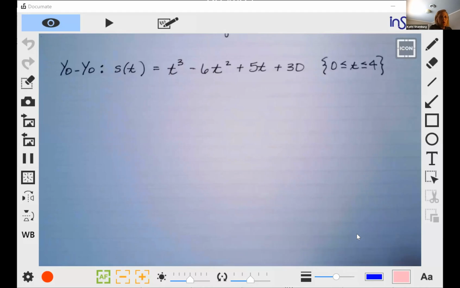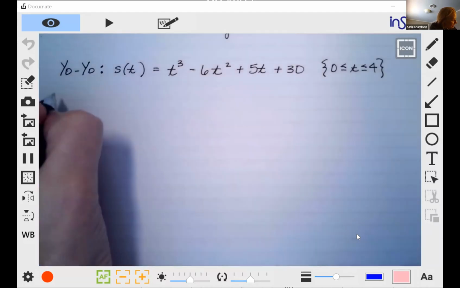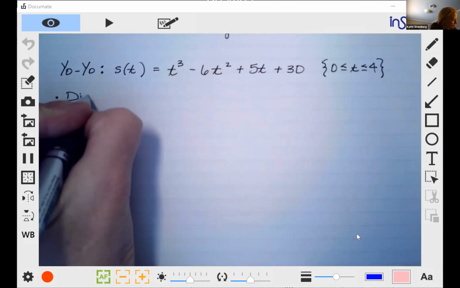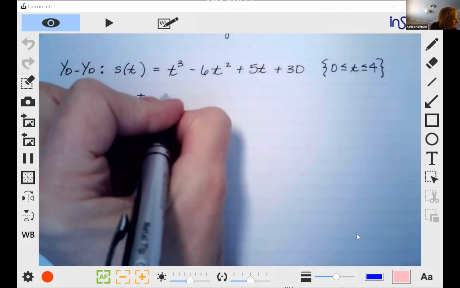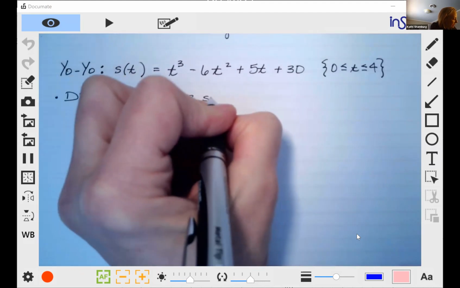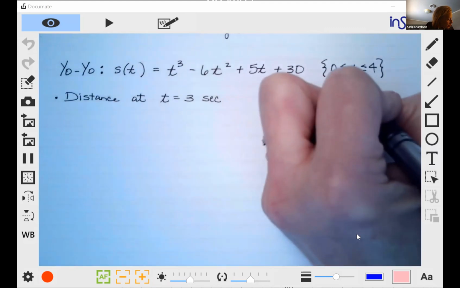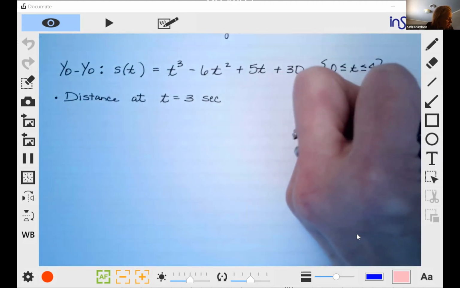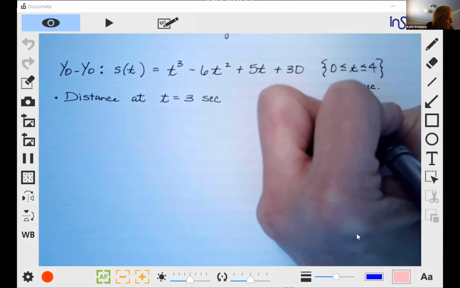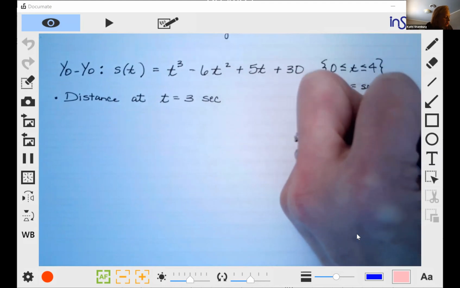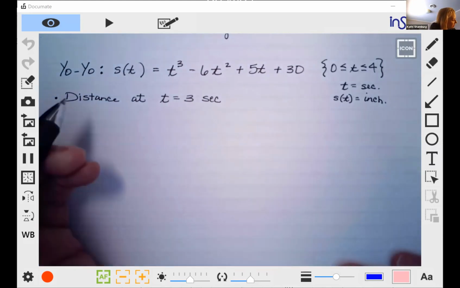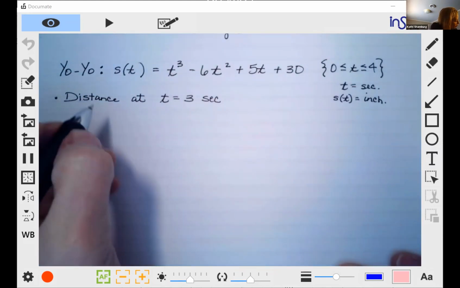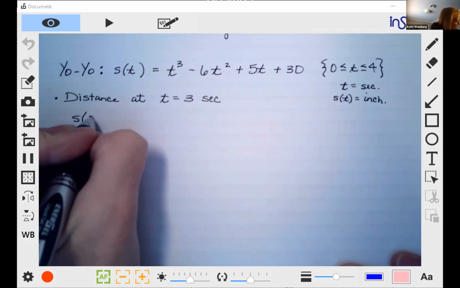All right. So the first thing that we want to look at is distance. And we're going to do this at t equals 3 seconds. So let me write over here. Remember, t in this is seconds, and output is inches from the ground. Okay. All right. So distance is your original function. So we're going to do s of 3.